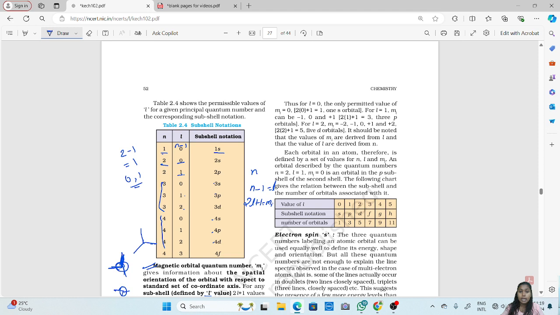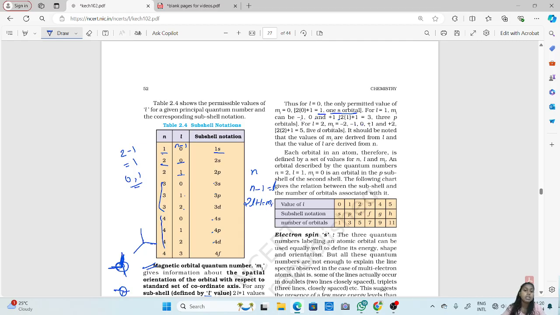Thus, for l equals 0, the only permitted value of m_l, the magnetic quantum number, is 0, because 2 times 0 plus 1 is 1. So there is 1 orbital. For l equals 1, it can be minus 1, 0 and plus 1. So that is 3 p orbitals. For l equals 2, it will be minus 2, minus 1, 0, plus 1 and plus 2. All the negative and positive values you have to take.